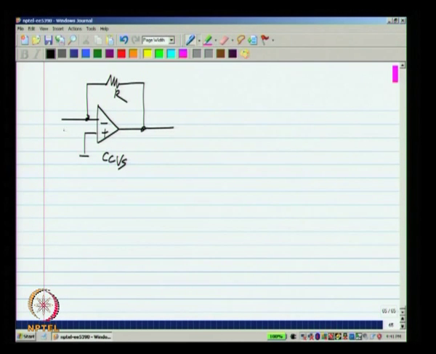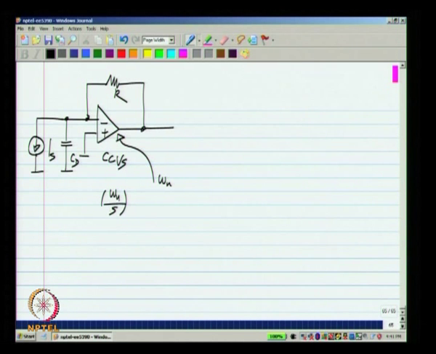This is a current controlled voltage source, and I connect my photodiode to this, and the capacitance that will always be there with the photodiode gets connected to that point. I will assume that the op amp has a certain unity gain frequency omega u, and I will model it as an integrator. So, the transfer function of the op amp itself is omega u by s. I will assume that the DC gain is infinite, which is okay for this circuit.